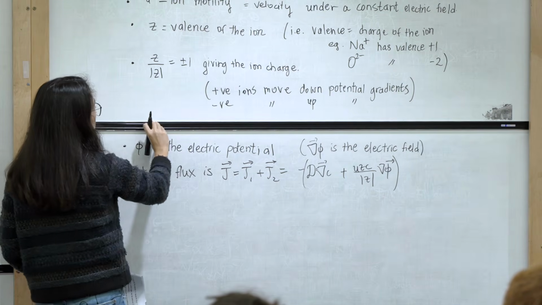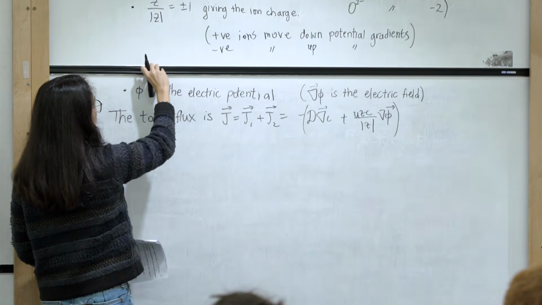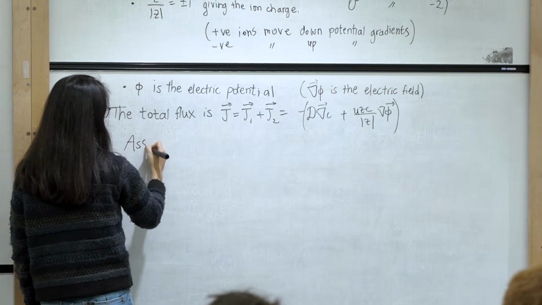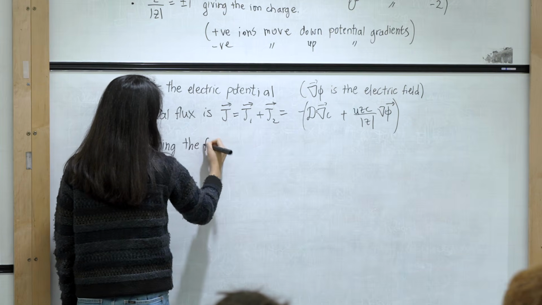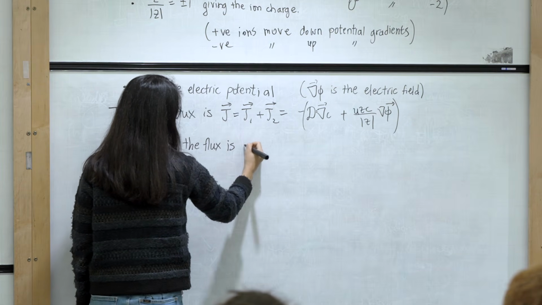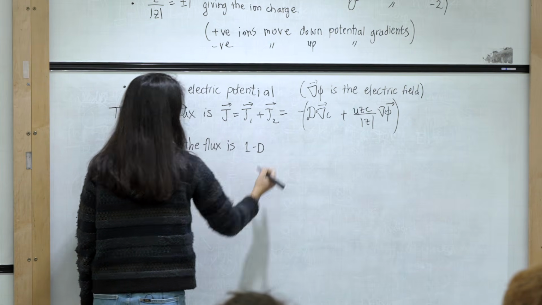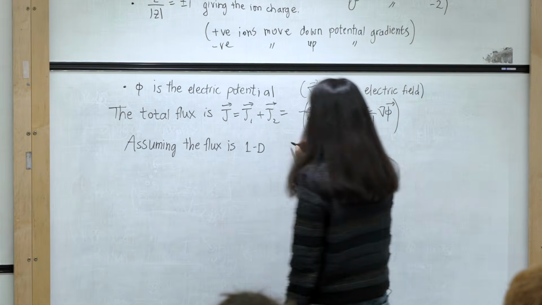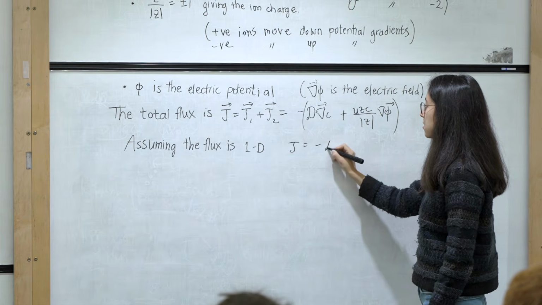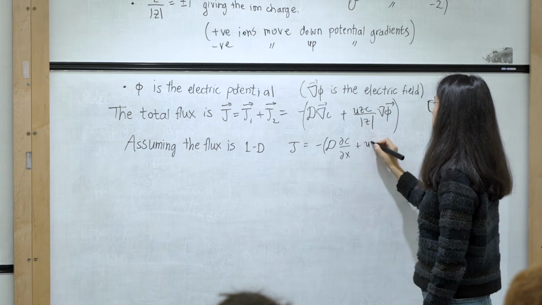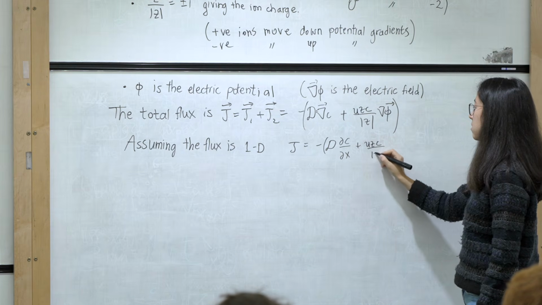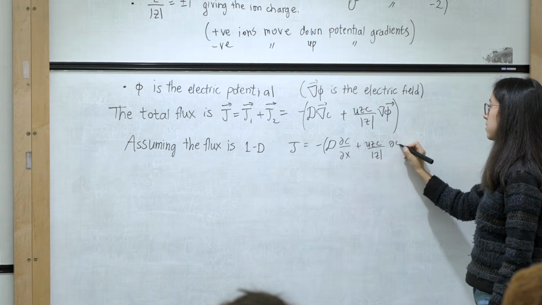So if I assume that this is now one-dimensional, so 1D, we're going to get that J is defined as minus D dC/dx, plus U Z C Z, and then I have d phi/dx here.